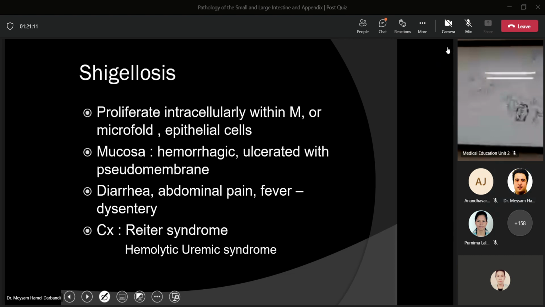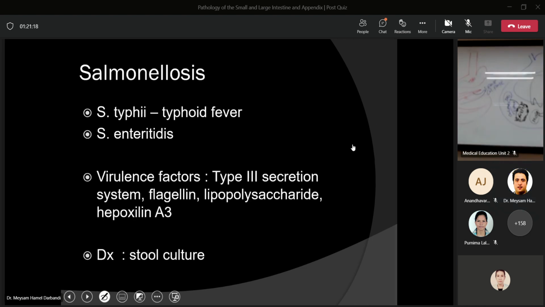Complications include Reiter syndrome or hemolytic uremic syndrome. Salmonellosis comes from S. typhi or S. enteritidis. S. typhi causes typhoid fever. Virulence factors are the type 3 secretion system, flagellin, lipopolysaccharide, and other factors.